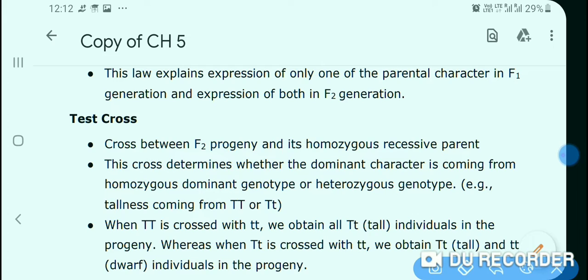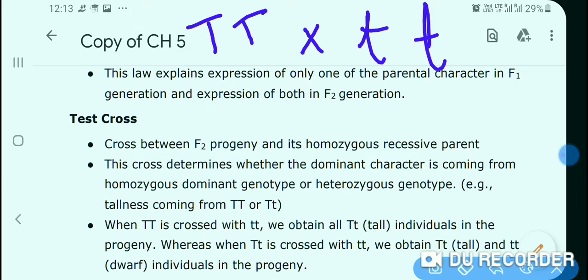In the monohybrid cross, we have seen that when we take tall plants and dwarf plants, for tall plants we write capital T, and for dwarf plants we write small t.